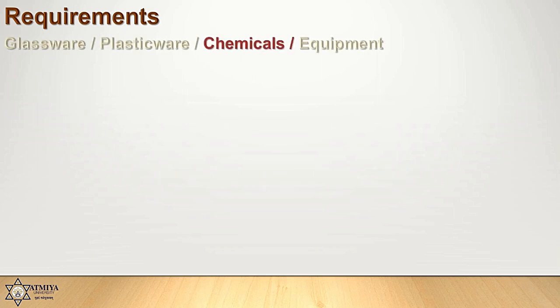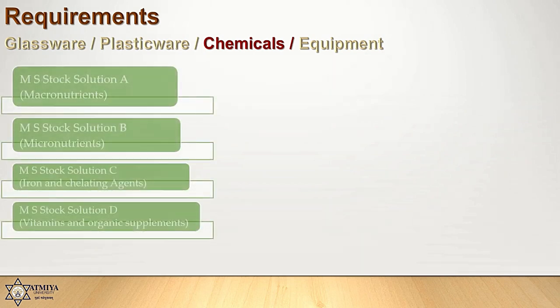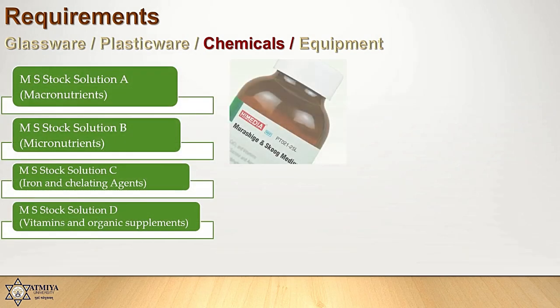Chemical requirements. The following chemicals are required for preparation of MS medium: MS stock solution A, of macronutrients; MS stock solution B, of micronutrients; MS stock solution C, of iron and chelating agents; and MS stock solution D, of vitamins and organic supplements.